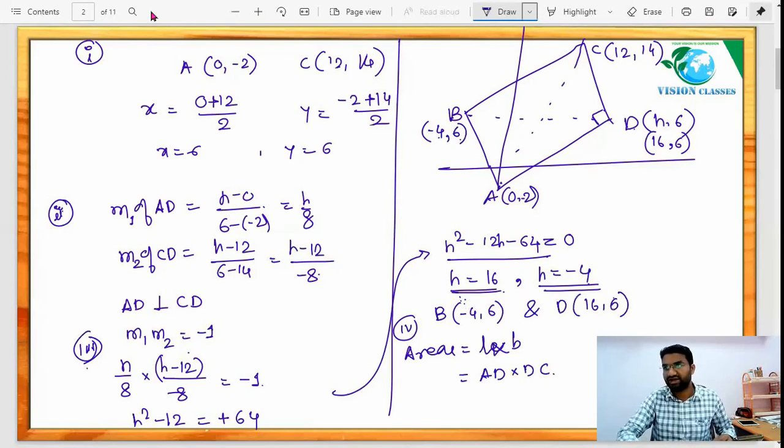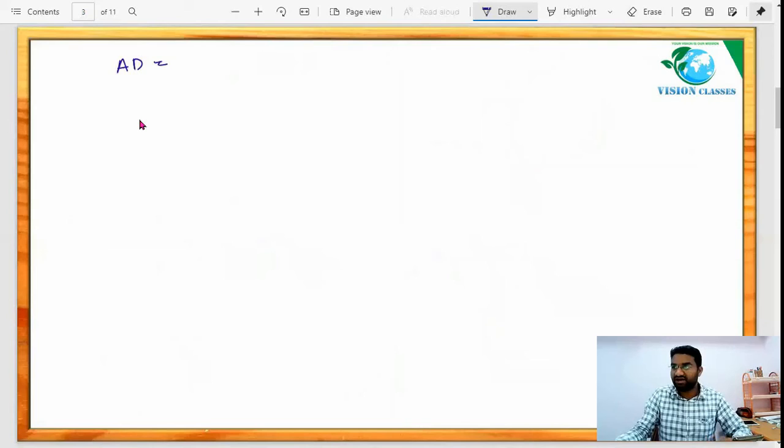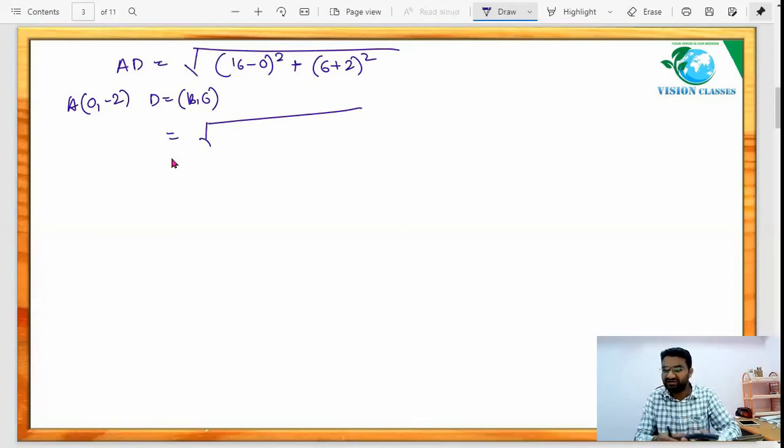A is (0, -2) and D is (16, 6), so AD is the square root of (16 minus 0) squared plus (6 plus 2) squared, which is 16 squared plus 8 squared, using your calculator.